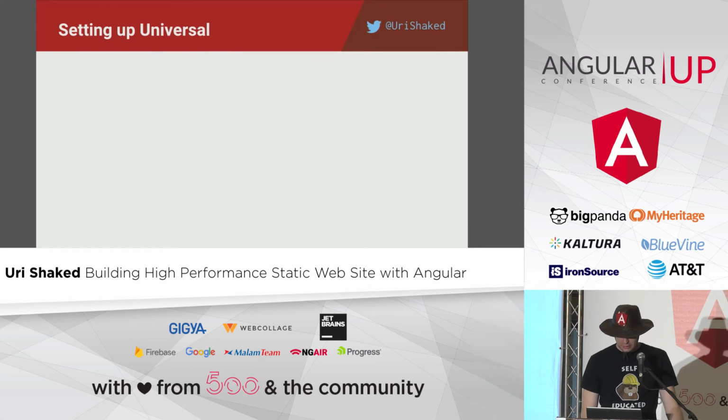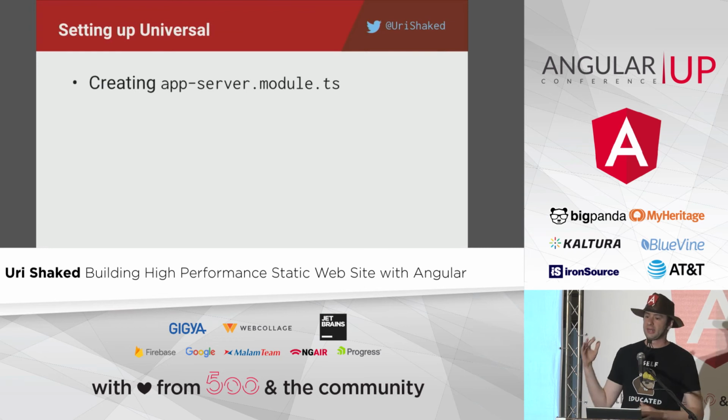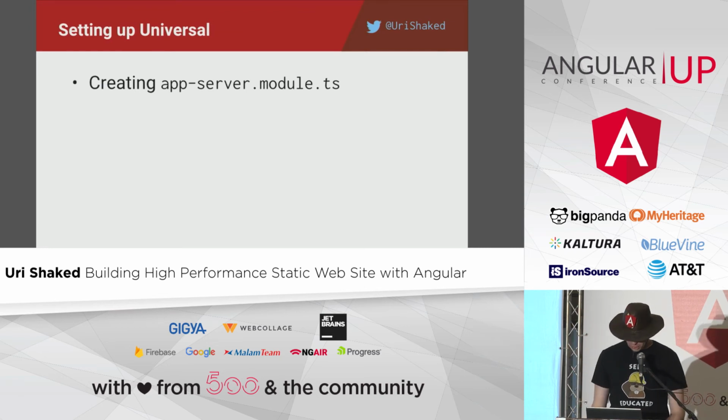Setting up Universal is quite easy. The first thing we would need to do, we would need to create another entry point for our application. We are going to call it app server module.